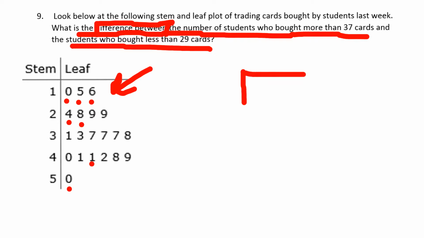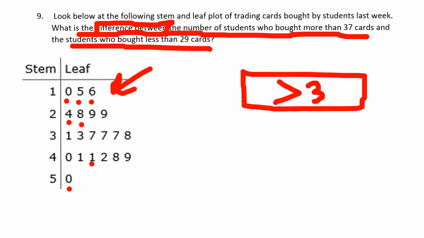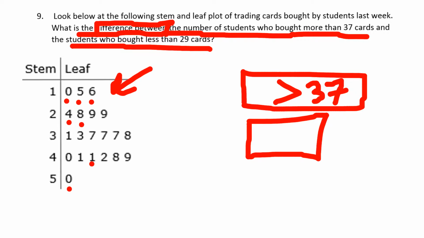So here would be the number of students who bought more than 37 cards, and here would be the number of students who bought less than 29 cards. And they want to know the difference between them. That's going to be this value, x. That's the difference between these two amounts.